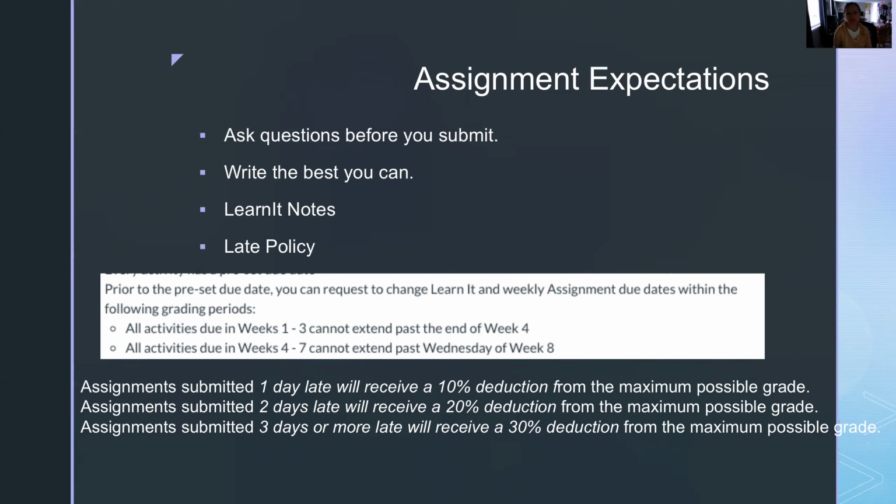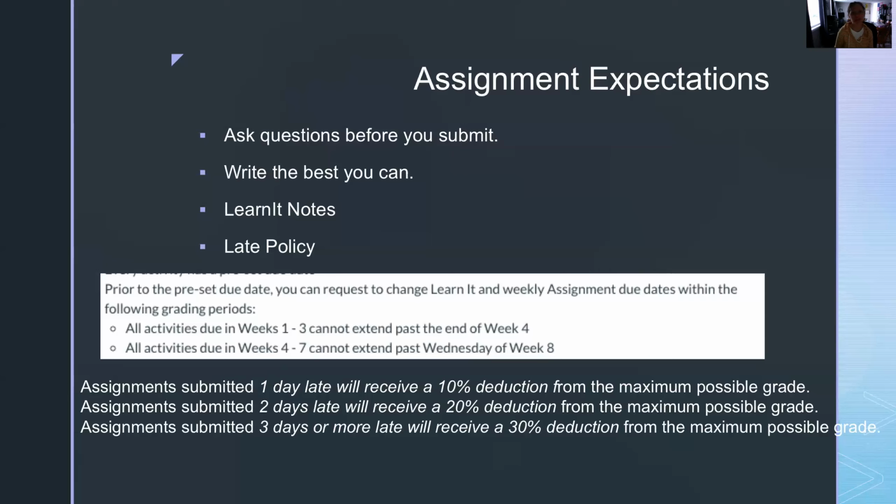Next, write the best that you can. Some people have taken English before taking this course, and some people are still on their way to taking English. So just write the best that you can. At the outset, one of the best things to do is to restate the question, give your answer, make sure you're defining the concept in there somewhere, that you're giving a specific example, and then moving on.